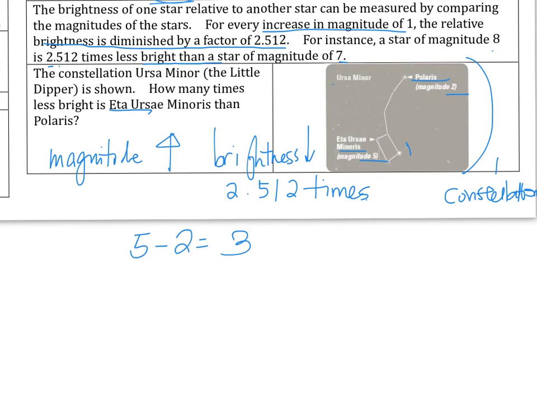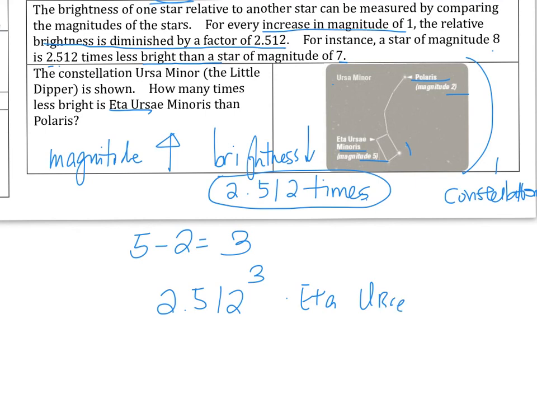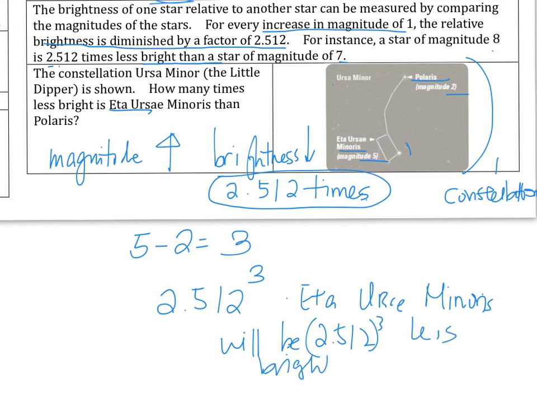So I can take this factor here and write it to the power of 3 and say that Eta Ursae Minoris will be 2.512 to the 3rd power less bright than Polaris. And this concludes the lesson.